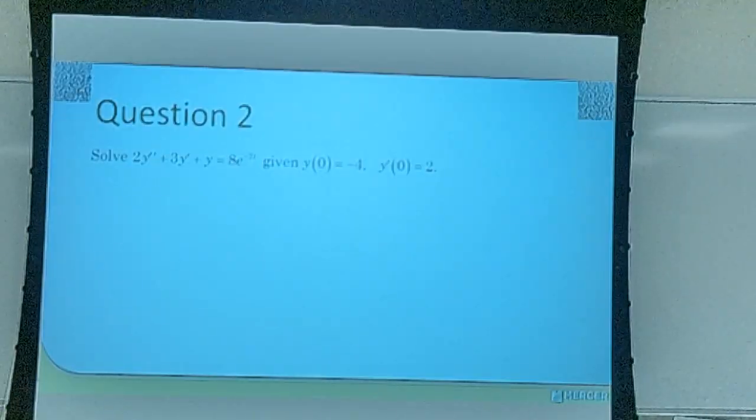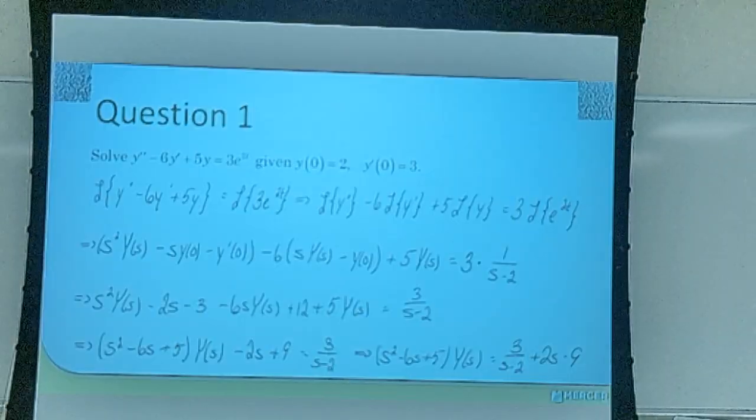Again, we're going to use Laplace transforms. I am now going to be skipping a lot of the intermediate steps.